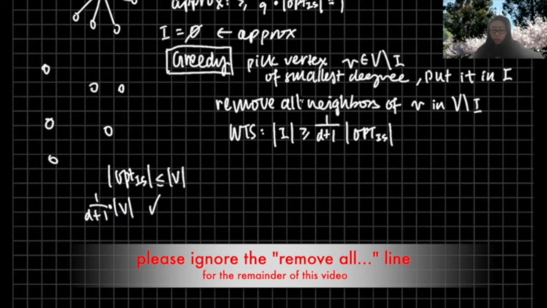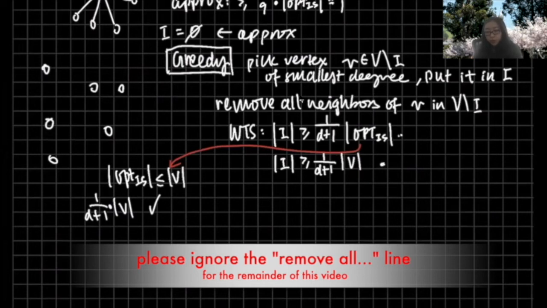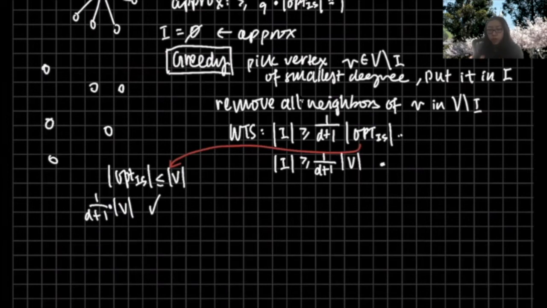So going back to what I was saying, we can actually prove something even stronger: that the size of this approximation set is at least 1 over d plus 1 times the size of the original graph. Because once we prove this, the other obviously follows, since the size of your original graph definitely has to be greater.